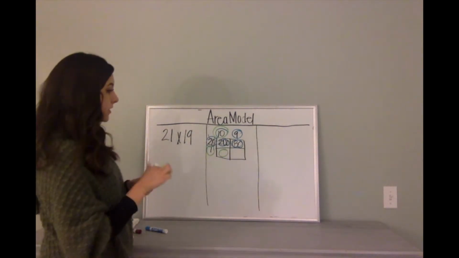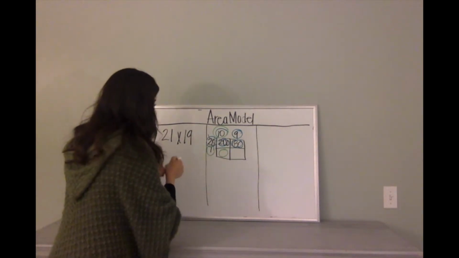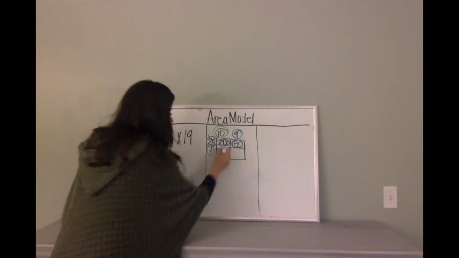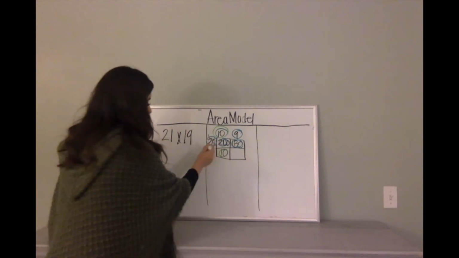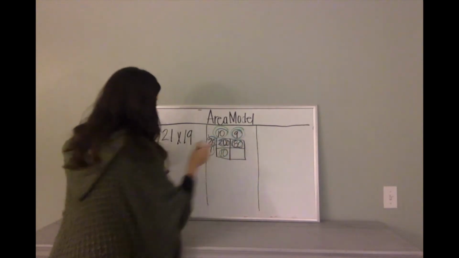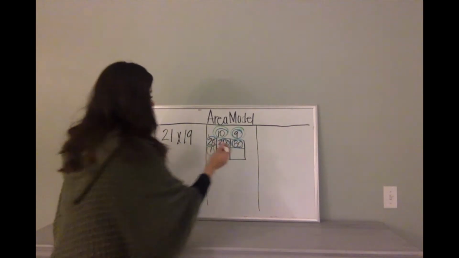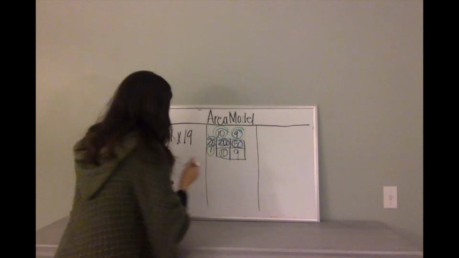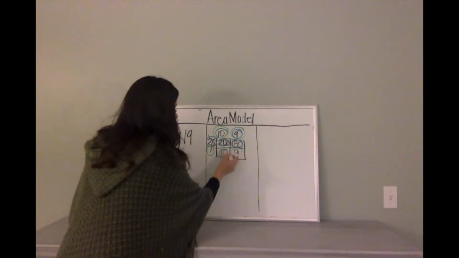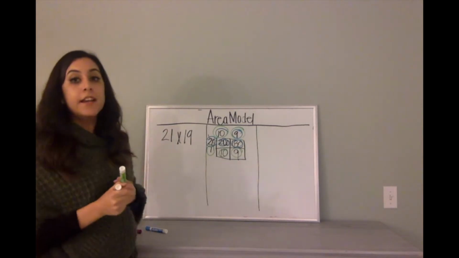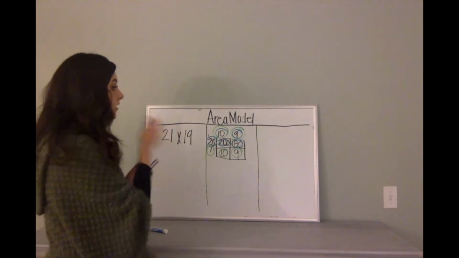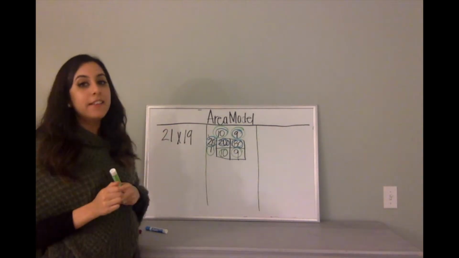So 1 times 10 equals 10, and then 1, again, times the 9 gives me 9. And I'm going to put that in green too, so we know we already did all the parts together. Now after that, on our last column, we want to add the numbers.